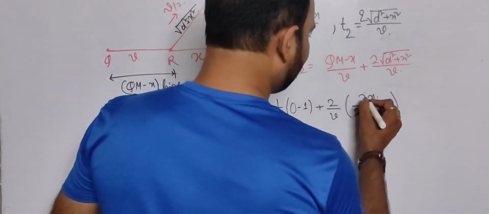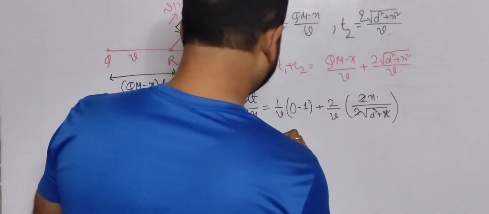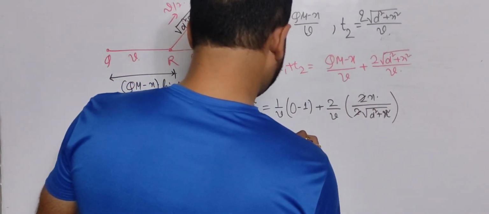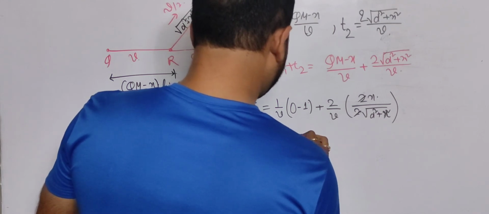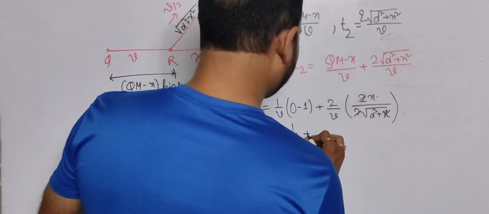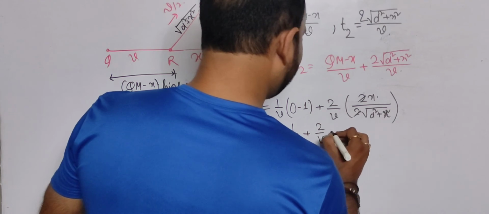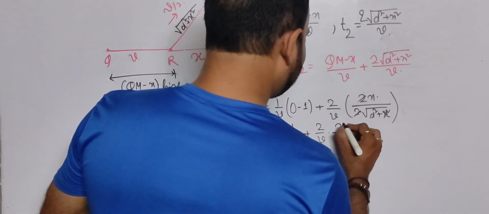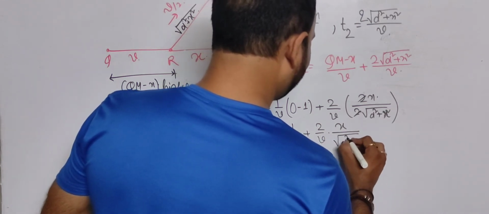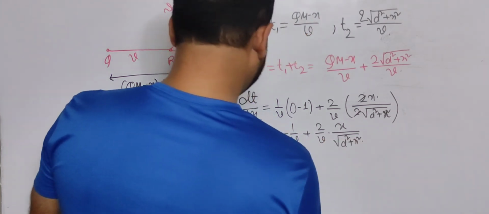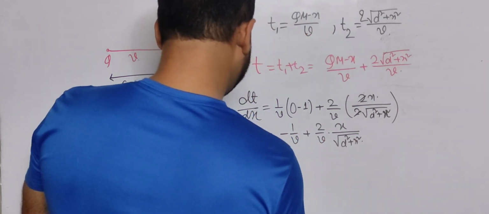Cancel out. Minus 1 by v plus 2 by v into x by root over d square plus x square is dt by dx.